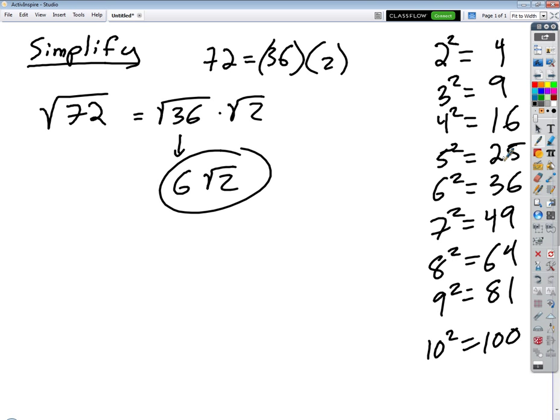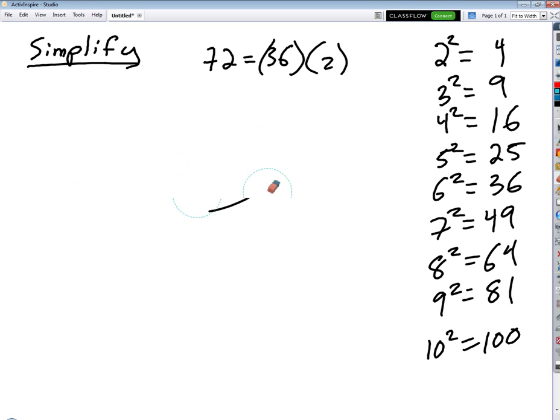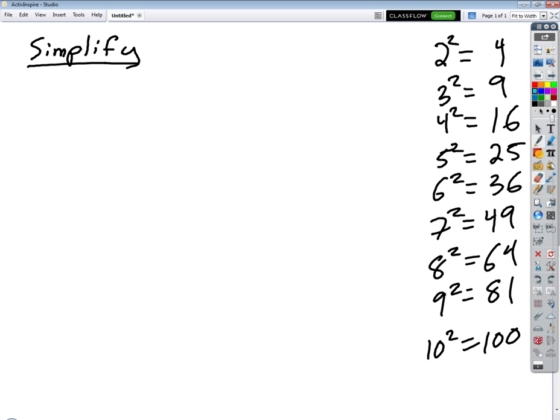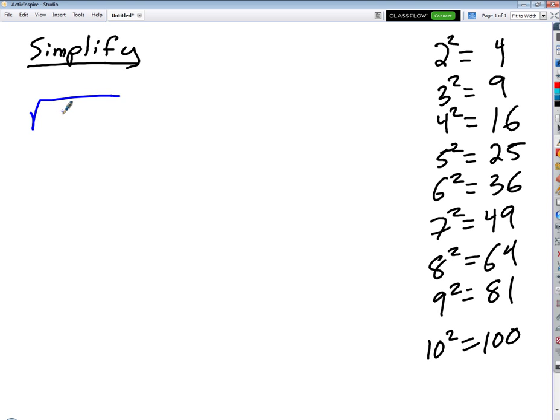Let's try another one. First thing I want you to do is figure out for yourself what's the biggest perfect square that divides into 50.